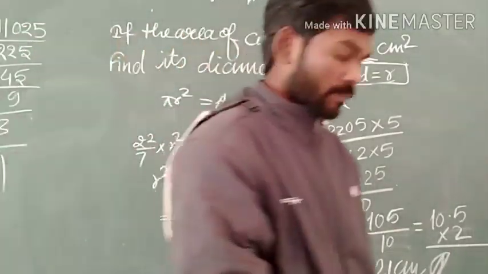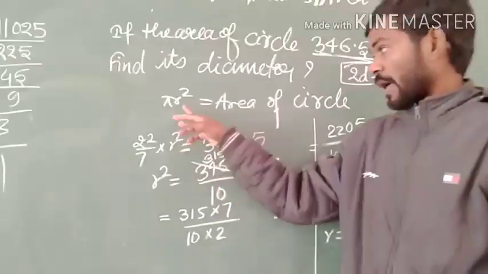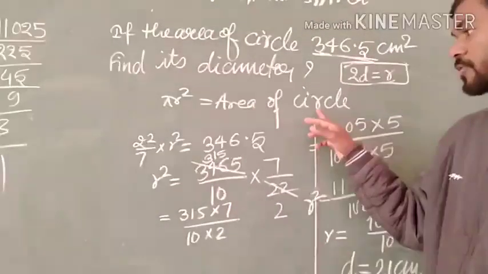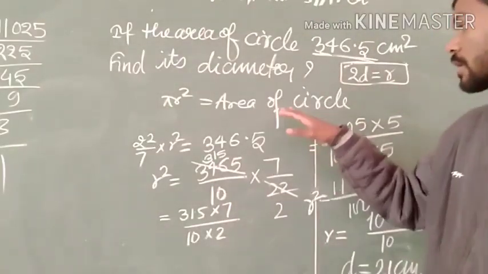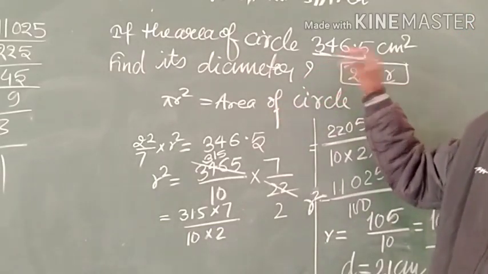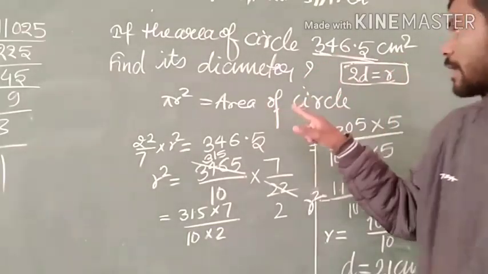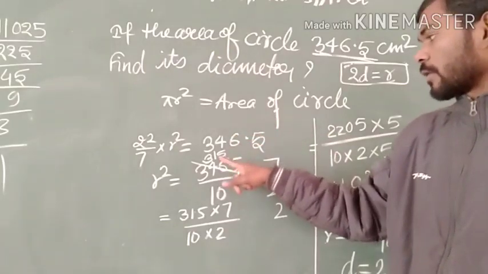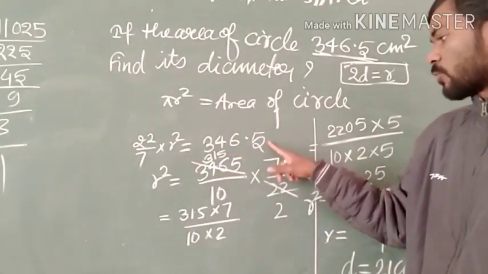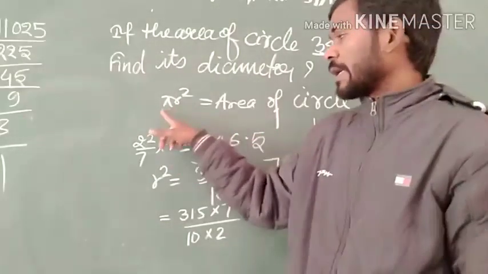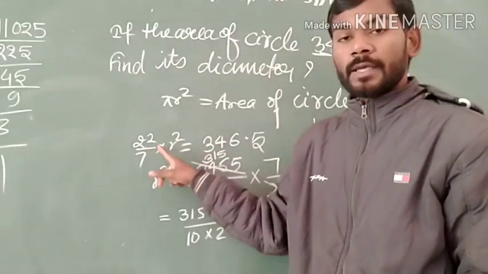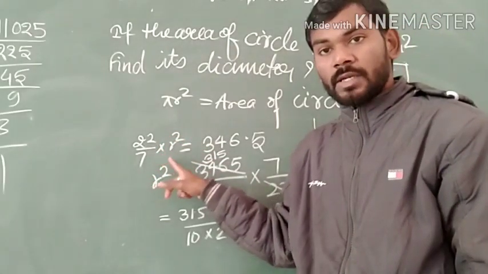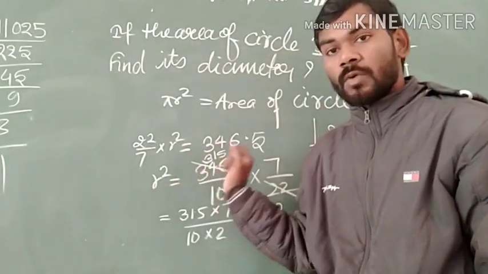For this we know that pi r square is the area of the circle. Since the area of the circle is given, that is 346.5 centimeter square, therefore here we write 346.5, and here pi r square, we put the value of pi as 22 upon 7 into r square.